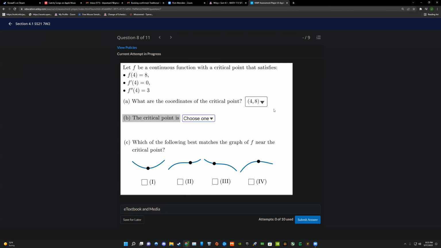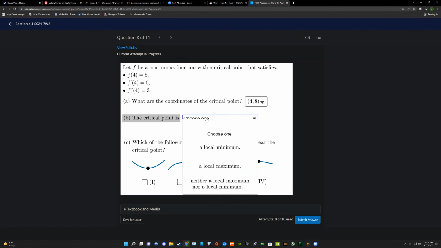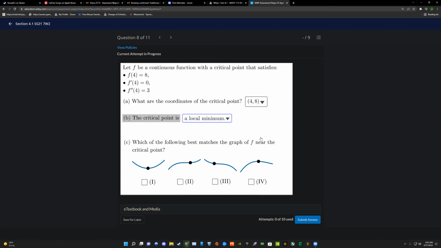It's counter to what you would think, but if the second derivative at that point is positive, it's a min. So what is the second derivative? Is it positive or negative? It's positive, so it's a min. I kind of liken it to shifts left being addition, shifts right being negative. It's one of those things that's backwards, but it's the way it works.